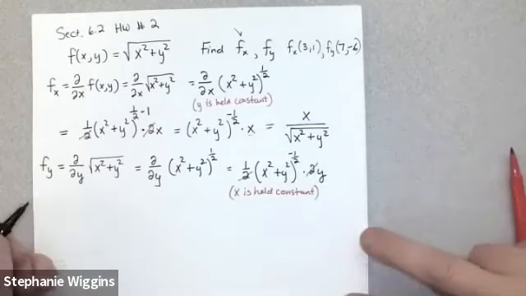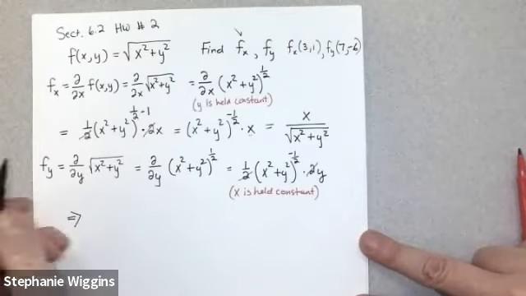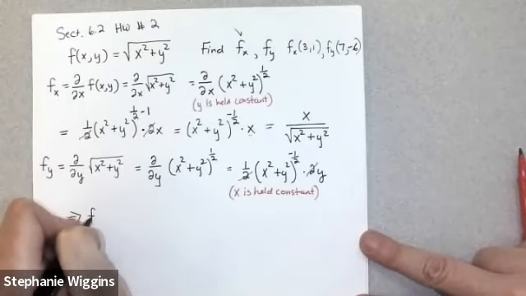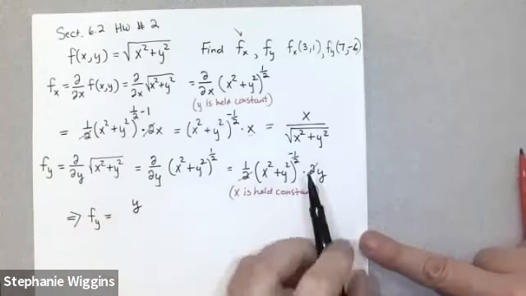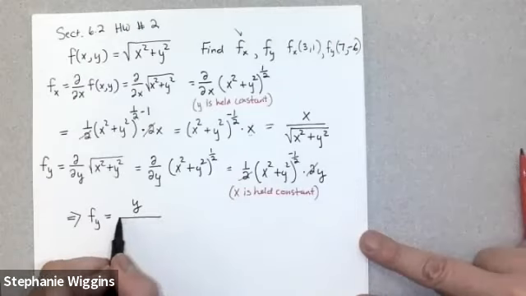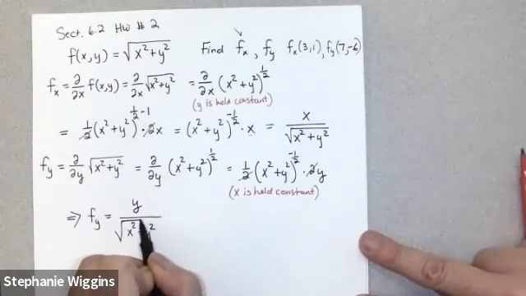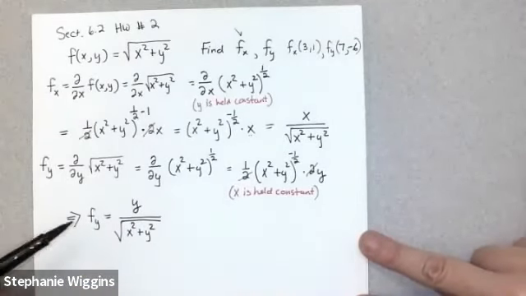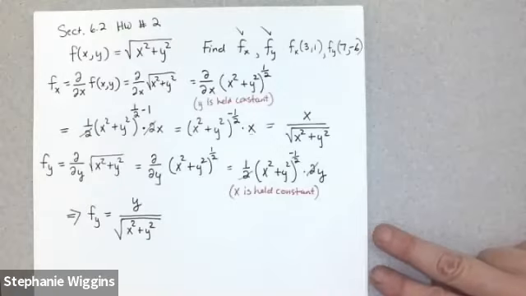So we're going to then write this as Fy is equal to, the y is in the numerator, and because of this negative, this piece is in the denominator. And because of the 1/2, we're taking the square root. So this is my Fy. So now I've found the second part right there, okay?